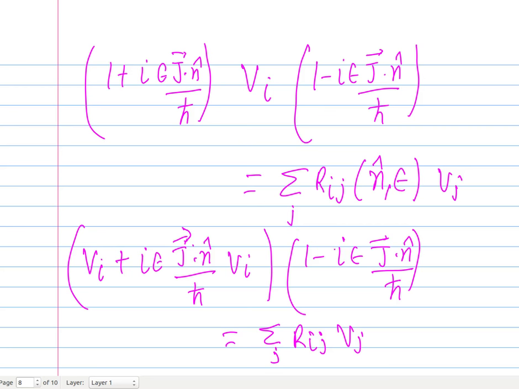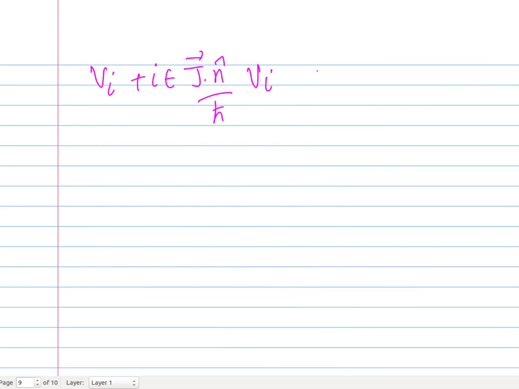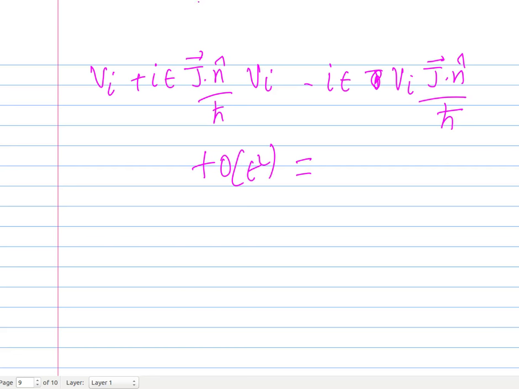Then this thing will multiply with this one, so minus i epsilon vi into J dot n cap by h bar, plus order epsilon squared terms, and that should be equal to the summation over j of rij vj.